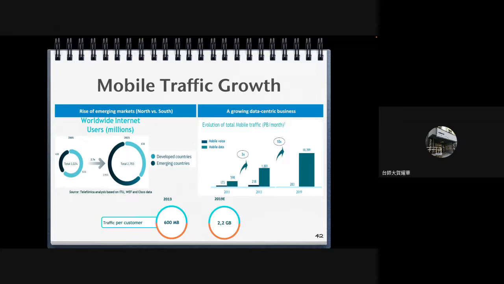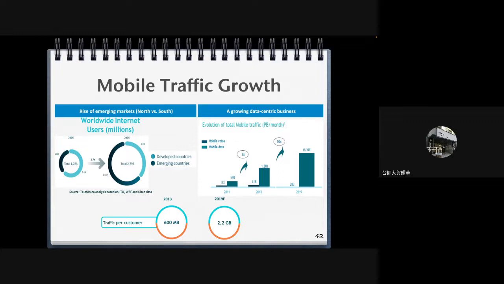So moving from fourth generation to fifth generation, 其实是2019年，that we start moving from fourth generation to market to fifth generation. Now from now on, a lot of people are using fifth generation. Now, so therefore, by looking on the mobile traffic growth, you will see, from 2005 to 2015, the growths are really huge.